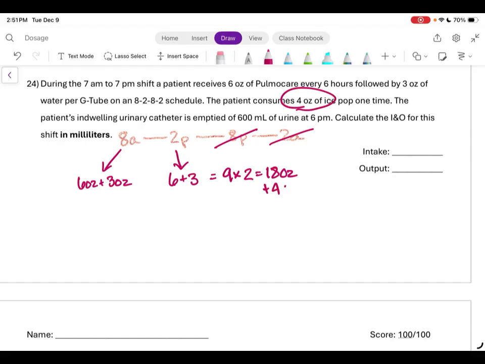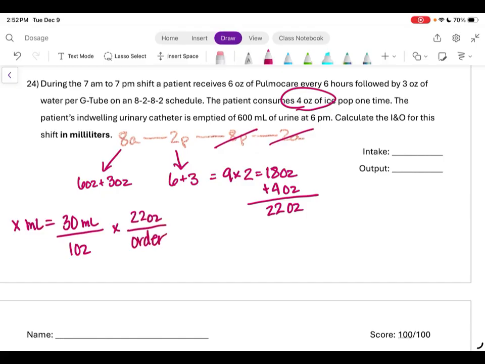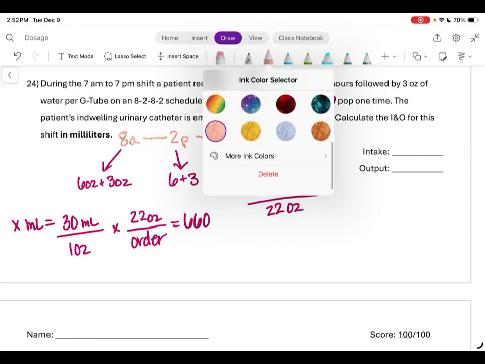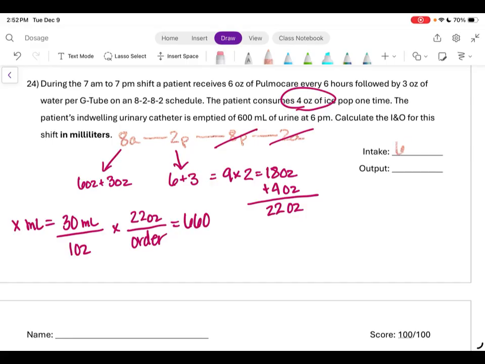So +4. It's a total of 22 ounces. Figure that out in milliliters. Okay. So 660, right? My intake is 660. Output, nothing to calculate, just tells you already milliliters, so it's just 600.